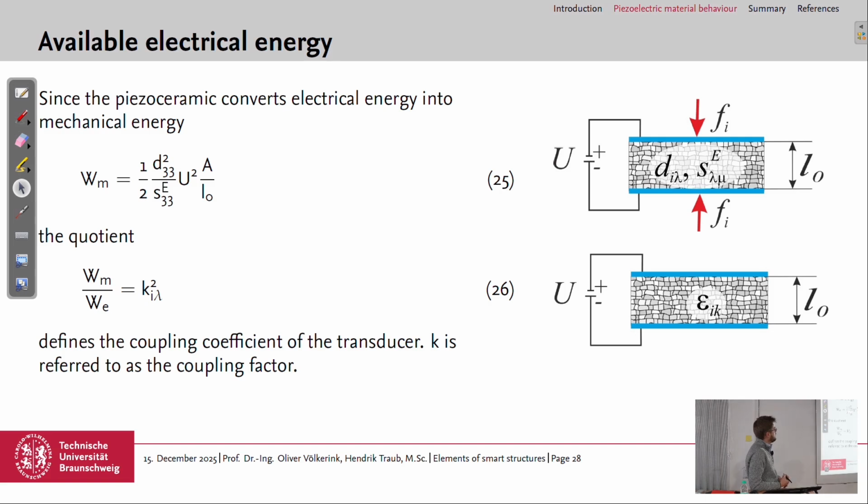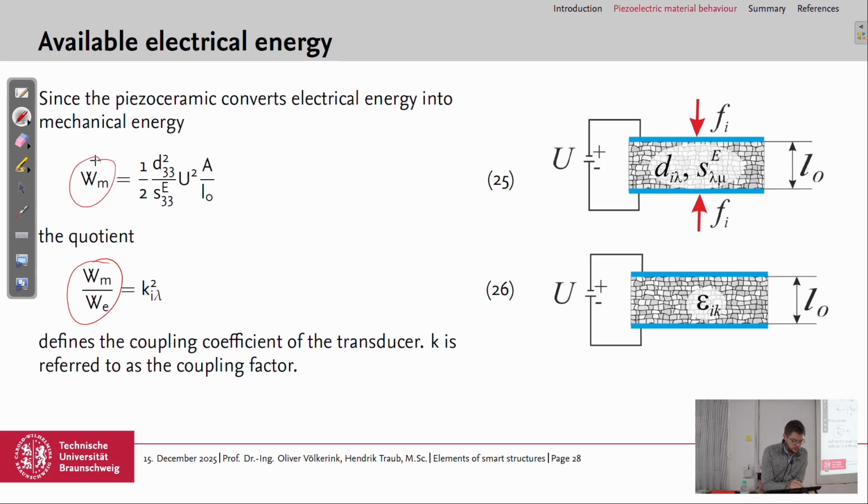So, since the piezo ceramic converts the electrical energy into mechanical energy, we can come up with the quotient here where we have the stored mechanical energy divided by the electrical energy.